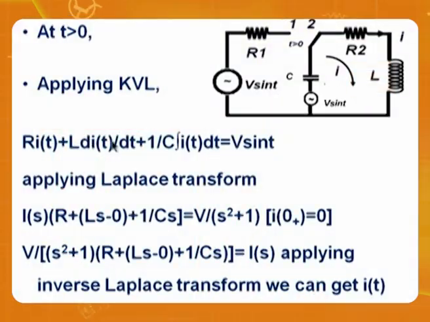Now for this equation, take the Laplace. Inductor current is anyway 0, but the voltage across the capacitor is there, that is taken here, apply. So then by solving this, solve for I of s, then if you take the inverse transform, you will get I of t.